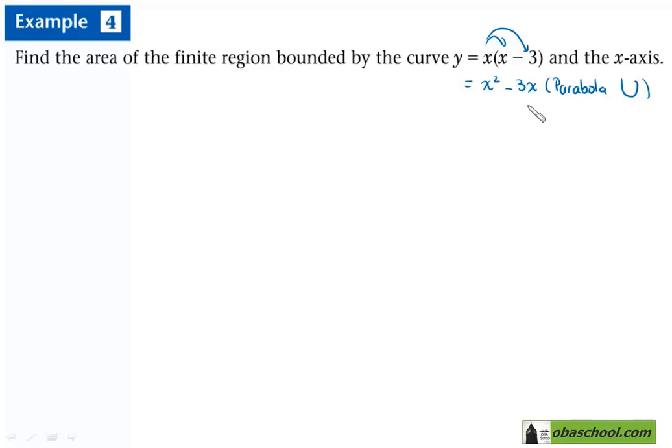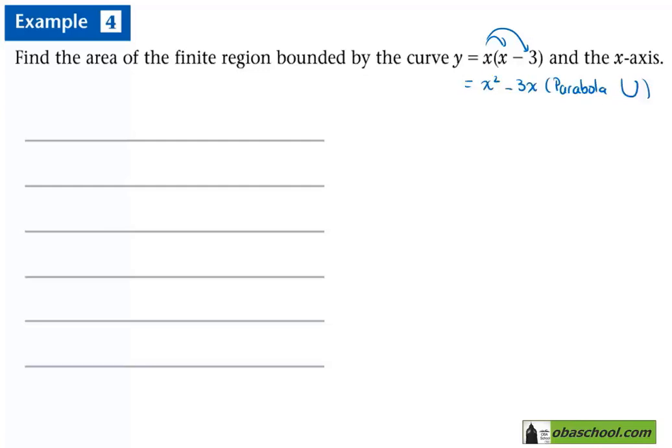In order to do a proper sketch and to see whether this area is above or below the x-axis, we need to calculate the x-axis intercepts. For the x-axis intercept, we set y equal to 0. So, x into x minus 3 equals 0.